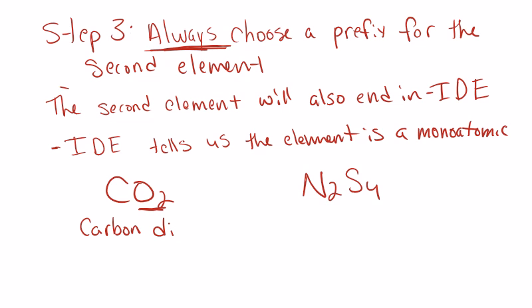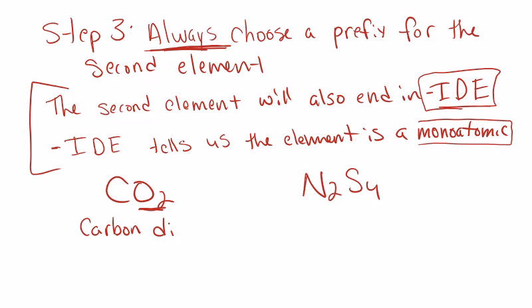You're also going to notice that there is an additional rule that goes along with this. The second element will always end in "ide." There are going to be multiple endings that we are learning this unit that tell us a lot about these compounds. "Ide" is the first one. It tells us that the element is monoatomic. Let's break that word down. Monoatomic means that it is one atom. So more specifically, it's one type of atom.